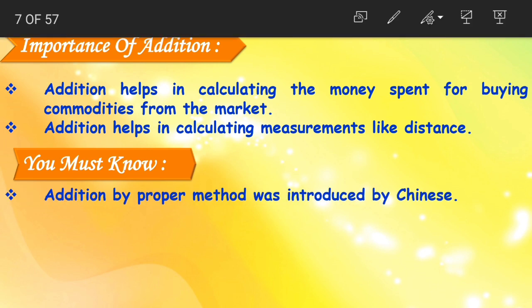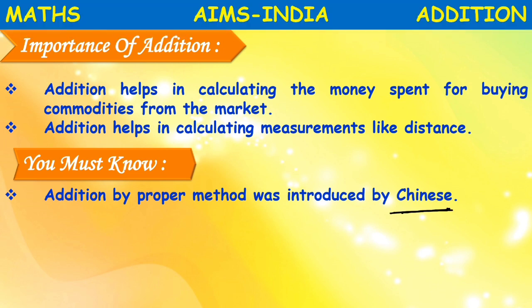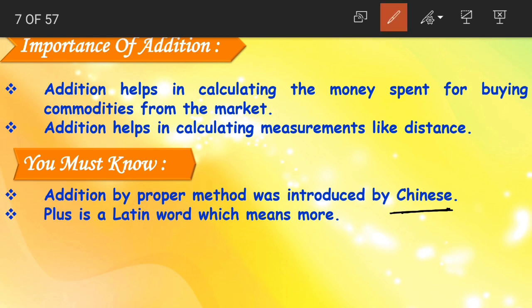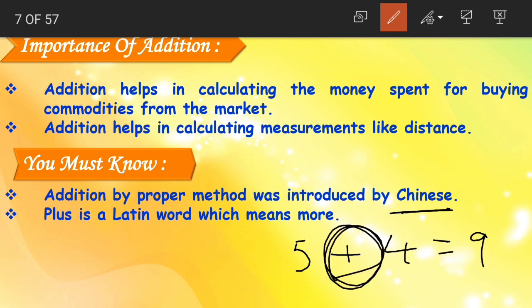You must know that addition by proper method was introduced by the Chinese people. Plus is a Latin word. We say 5 plus 4 is equal to 9. Now what does this plus mean?